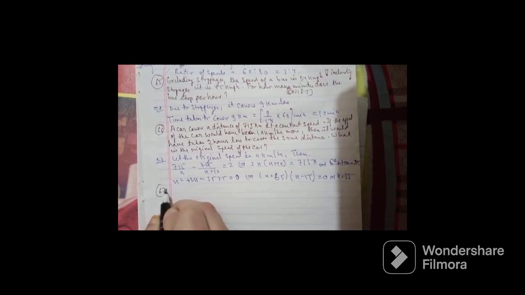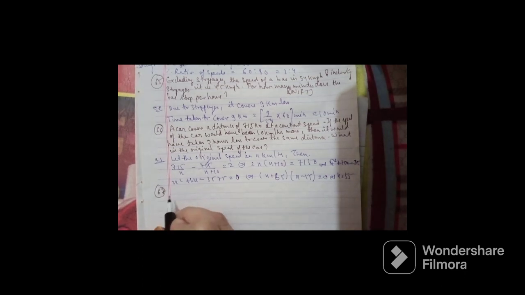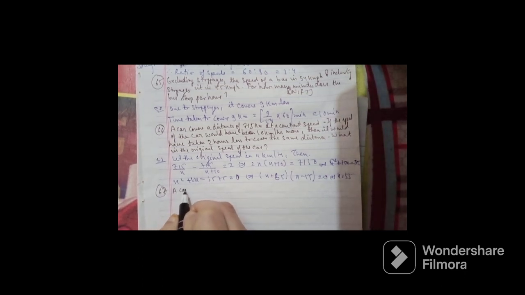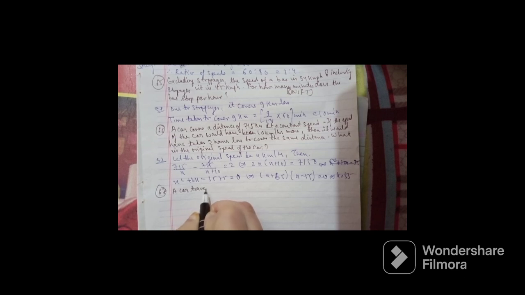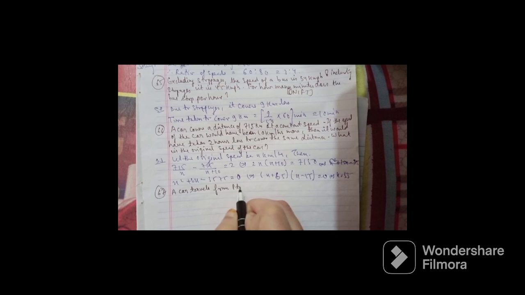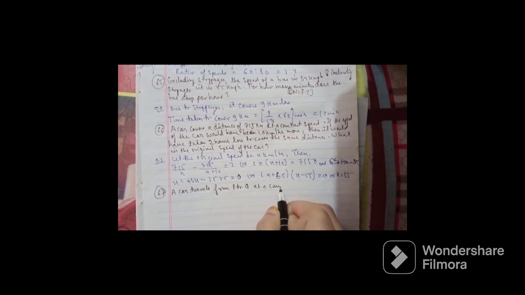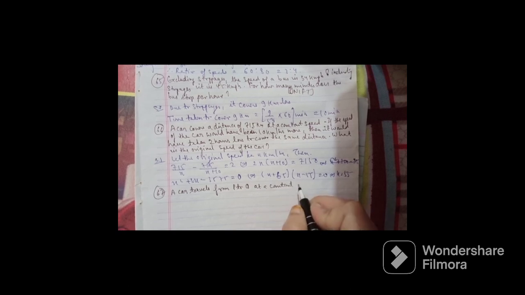That is the 67th question. A car travels from P to Q at a constant speed.